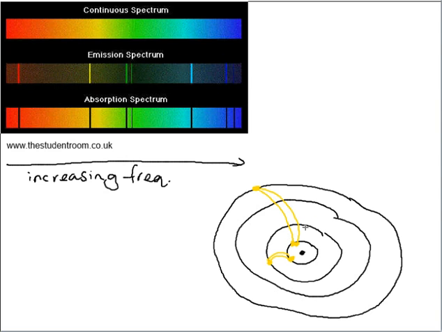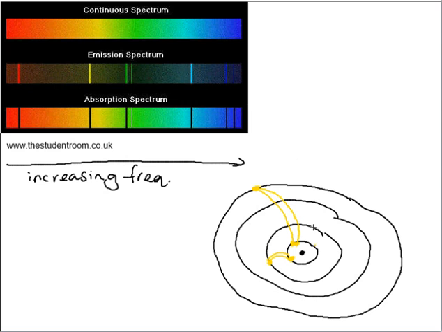This is really useful because each atom and element has a different emission spectrum and a different absorption spectrum. If there are more electrons, they jump around more.